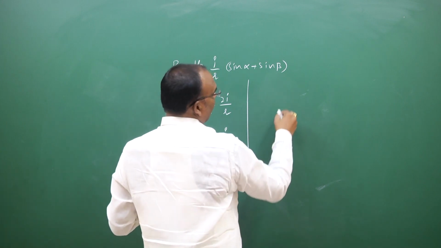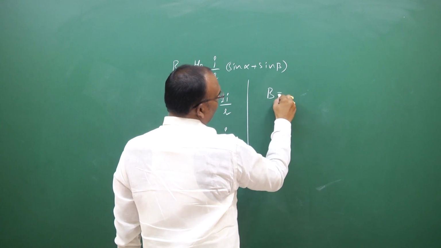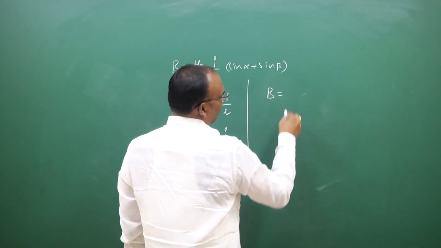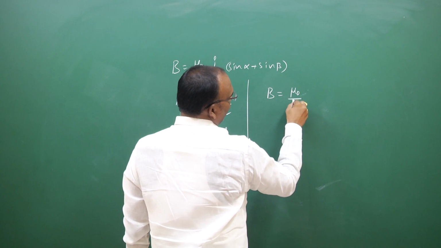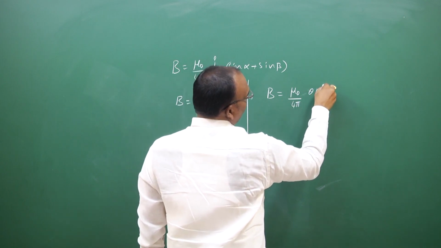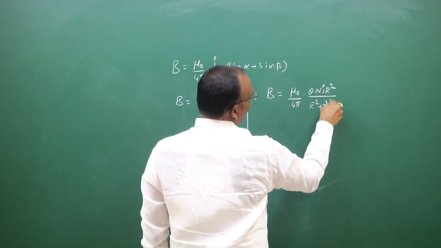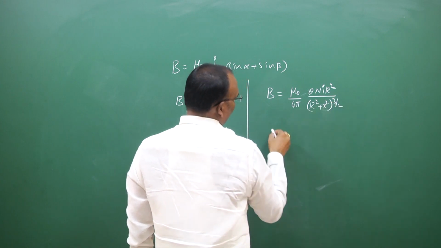For circular sections, the magnetic field at any point along the axis is mu naught by 4 pi 2 pi N I R square by (R square plus X square) whole power 3 by 2.